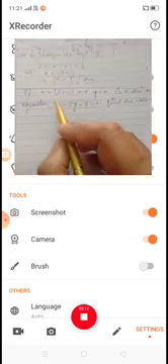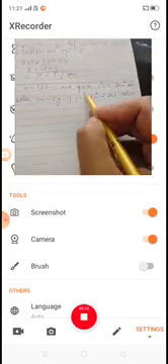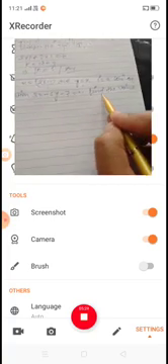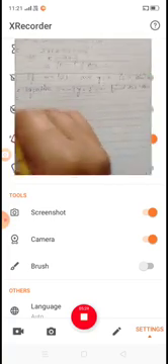Okay, x is equal to 2k minus 1 and y is equal to k is a solution of this equation. Find the value of k. Now solve it.